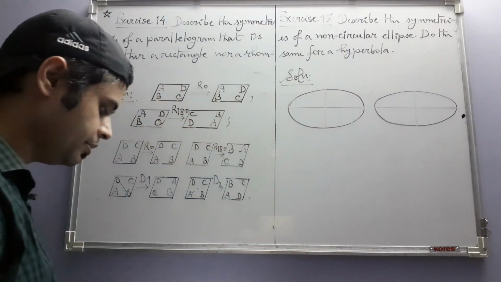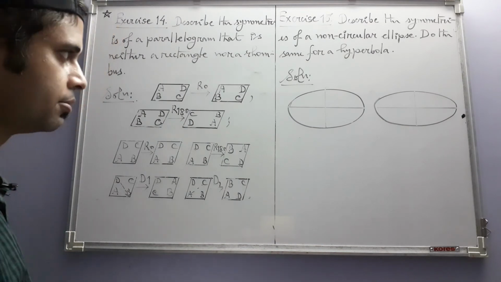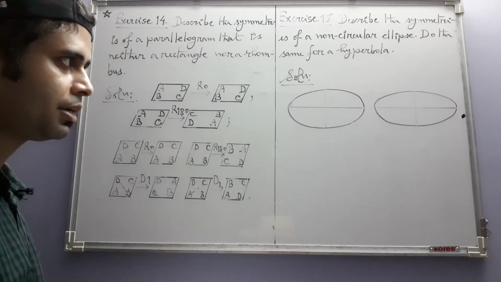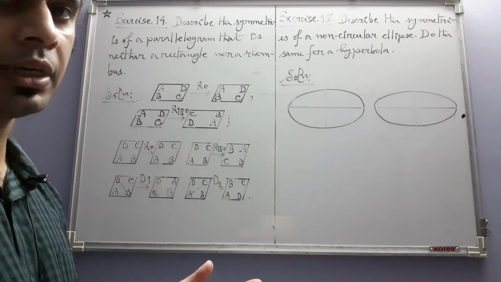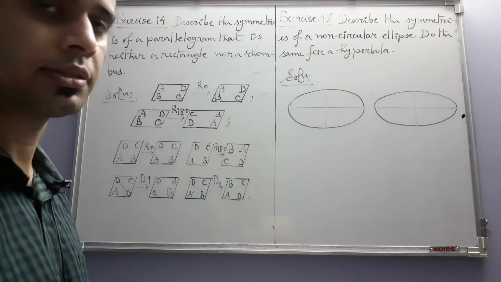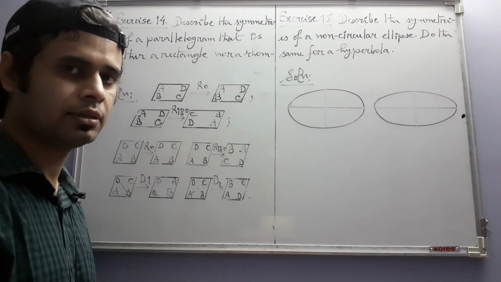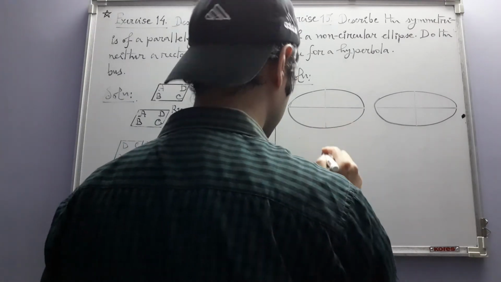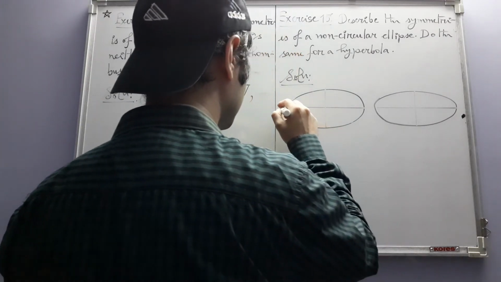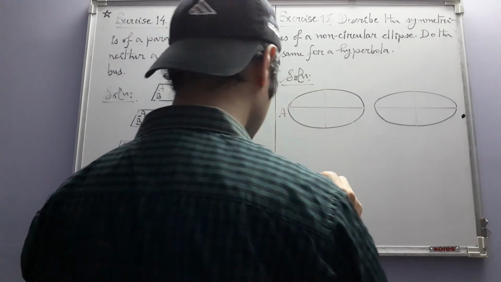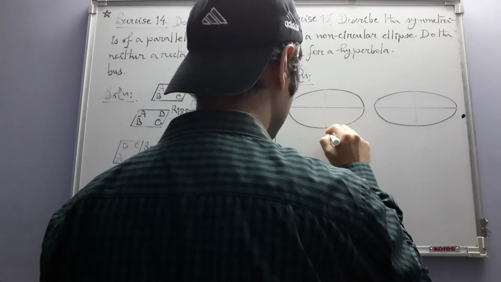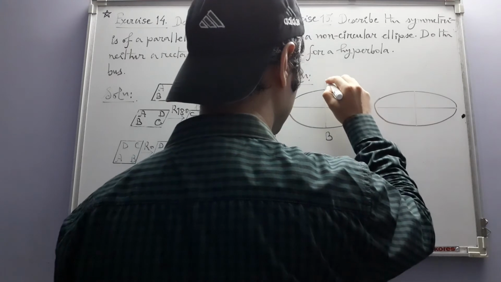So we will use these axes to identify points. I mean, we are going to identify extremities of these axes and try to see how they are transformed by a transformation or by a symmetry. So we are going to name these extremities like this.